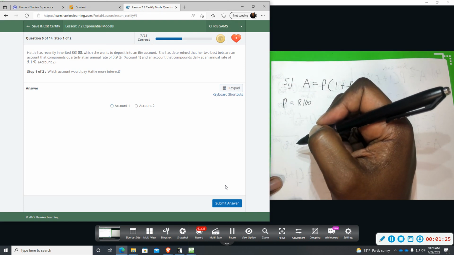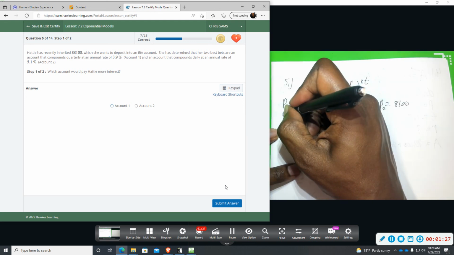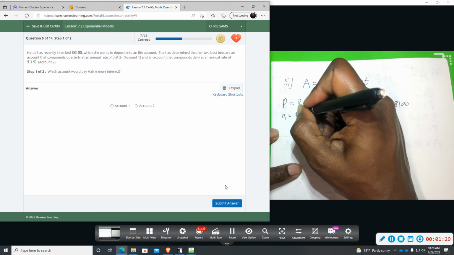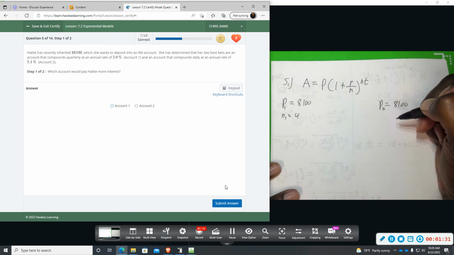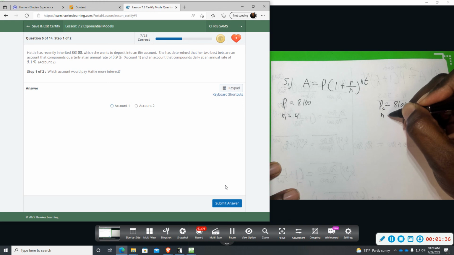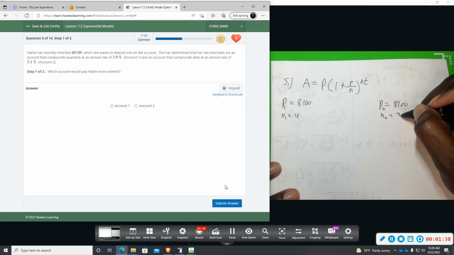Then we're told it's compounded quarterly, so N1 is equal to 4, and the other one is compounded daily, so N2 is equal to 365.